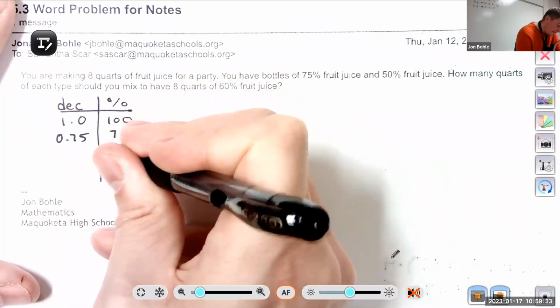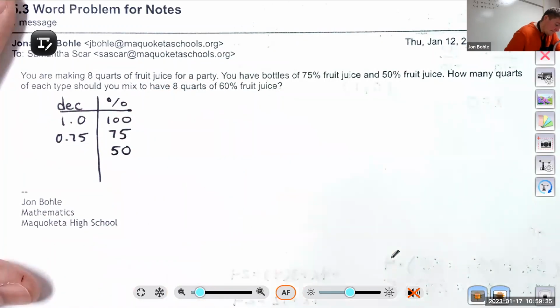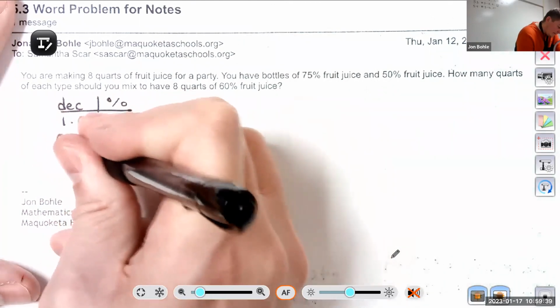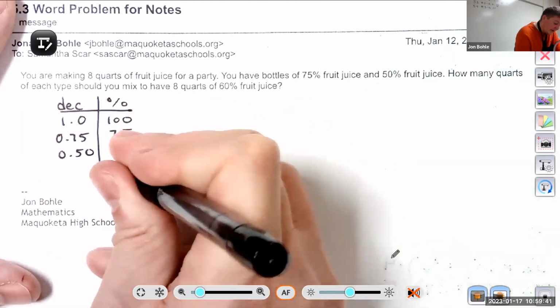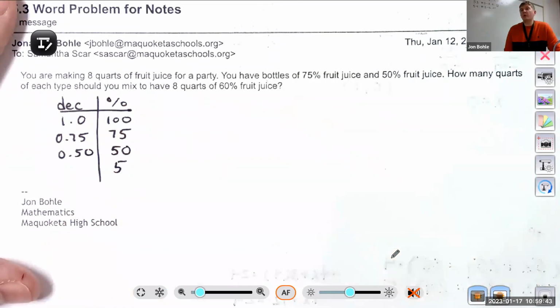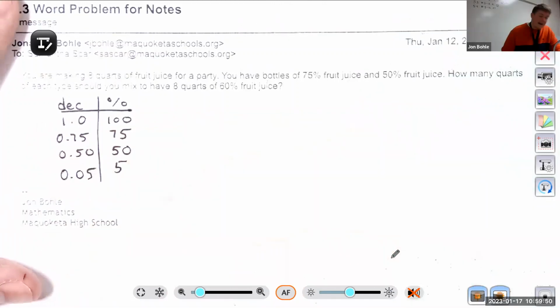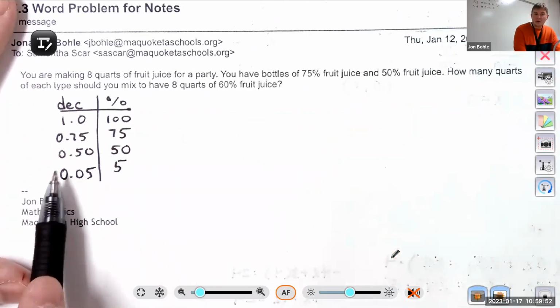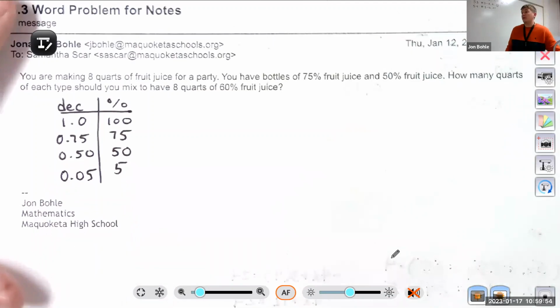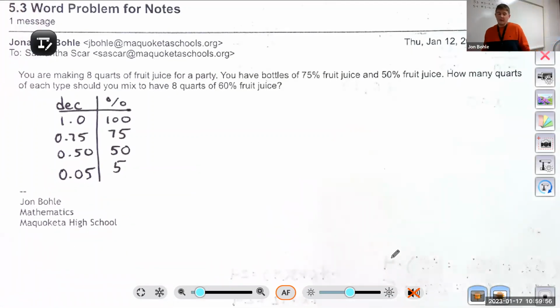Okay, 50%? And then I'm going to do 5% also. Anybody know what 5% is as a decimal? Okay, yeah. Just make sure if it's a single digit like that, a lot of people for 5% will put 0.5, and that's 50%. Okay. All right, there's 2 equations.